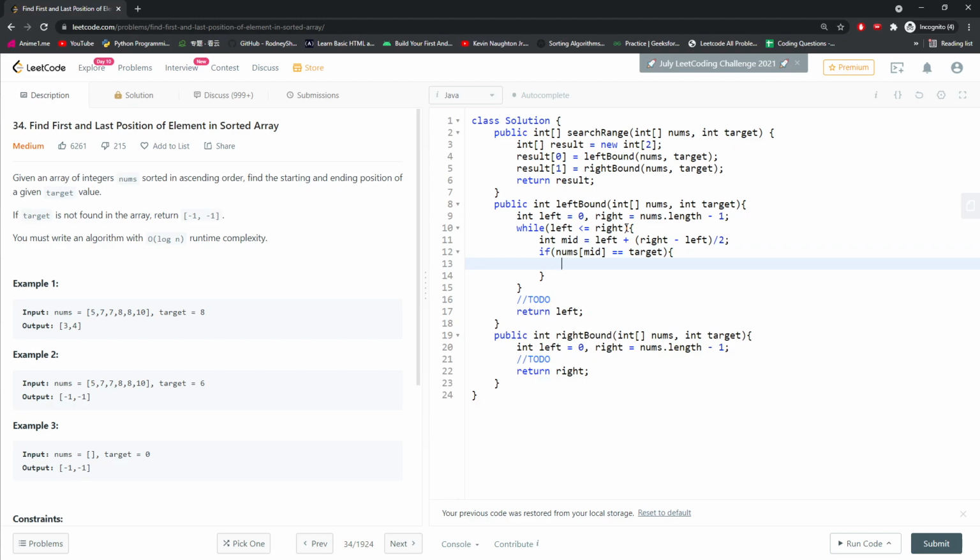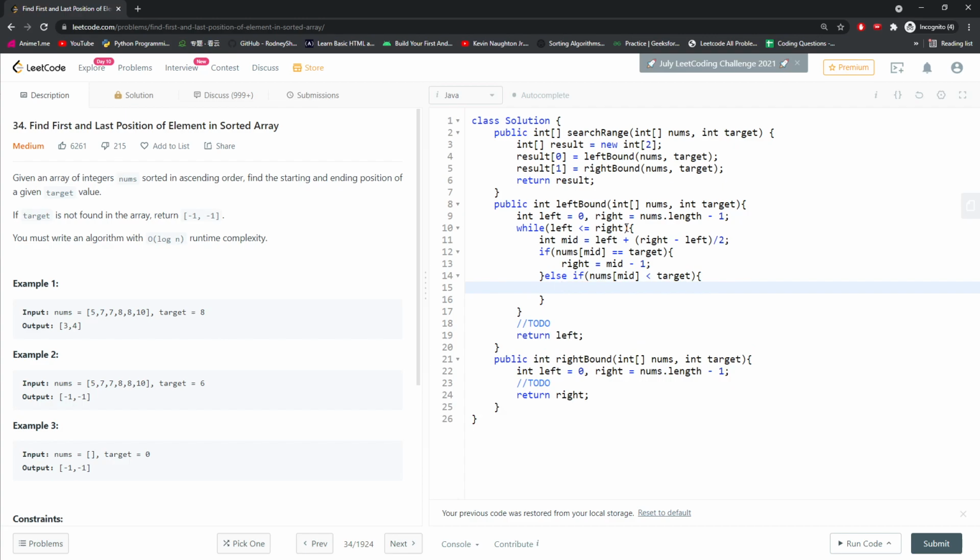Since it's the left bound, we have to move right to mid minus 1. Else if nums mid is less than target, which means the target is too big, right?